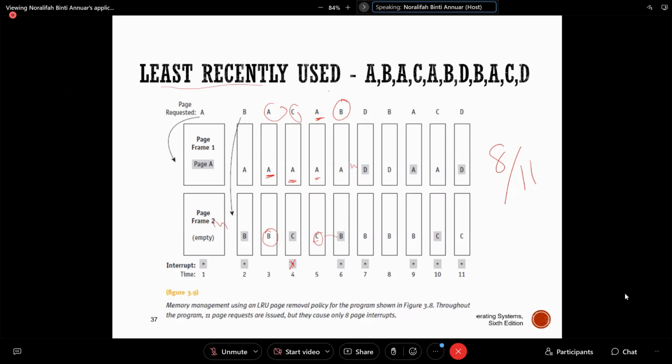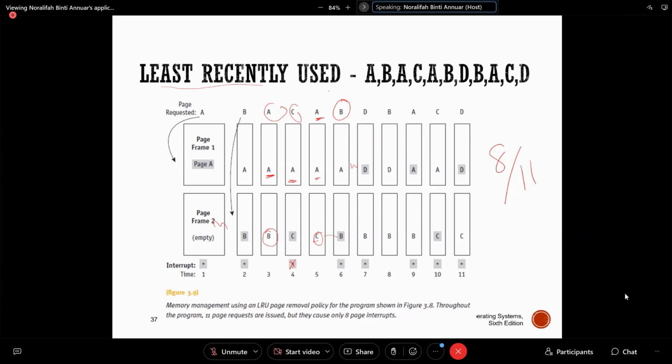Kalau dia kecil macam ni, it's easy for us to calculate it manually. If you're given a lot of numbers of job, numbers of frame, then you have to do it. You need a computer to help you to calculate, right? But the most importantly is for you to understand the concept. You understand the definition, how it works.